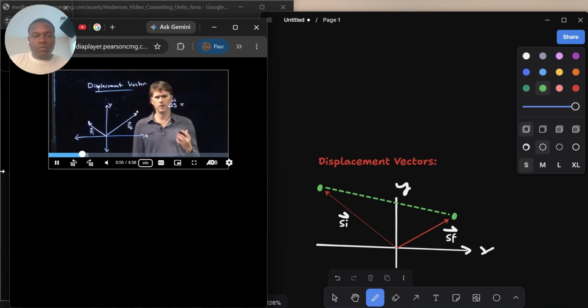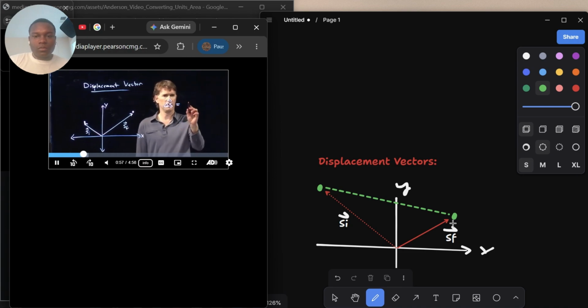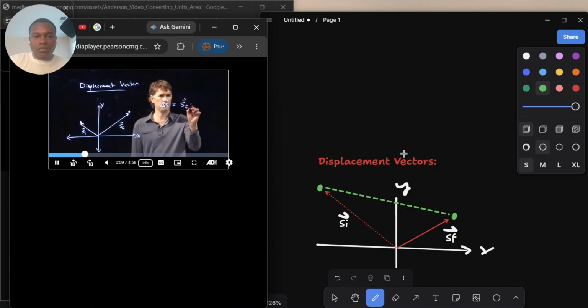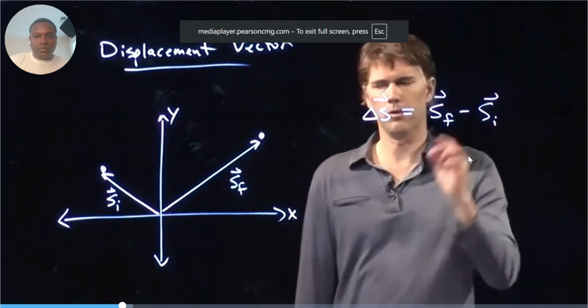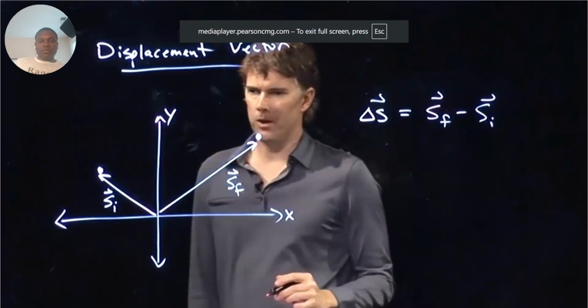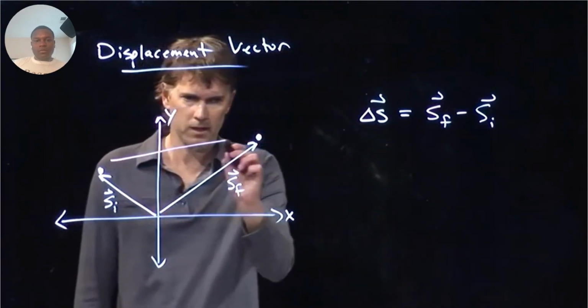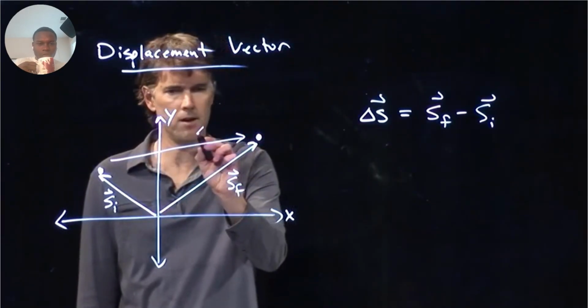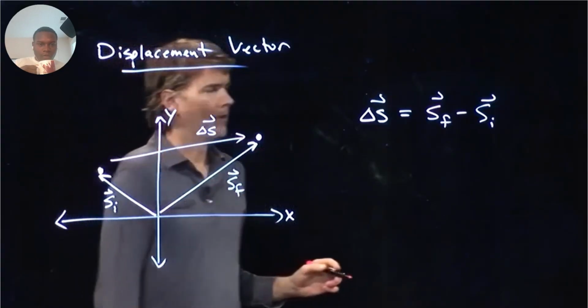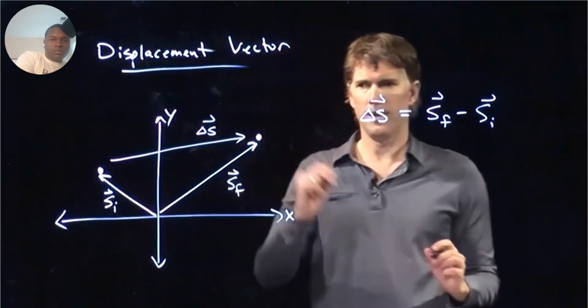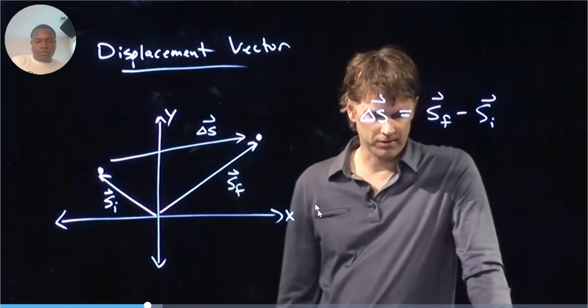It's going to be the difference between the two. It's going to be the final location minus the initial location. And we know exactly what that should look like. It should look like that right there. From where you started to where you ended, that's what delta S looks like.